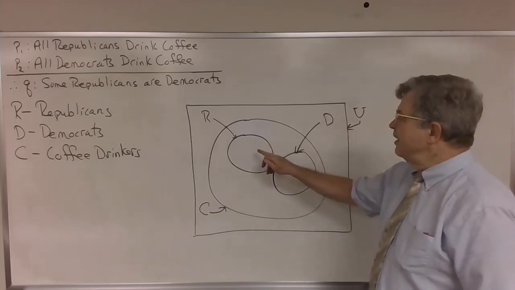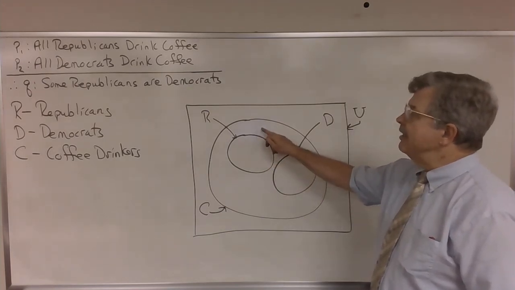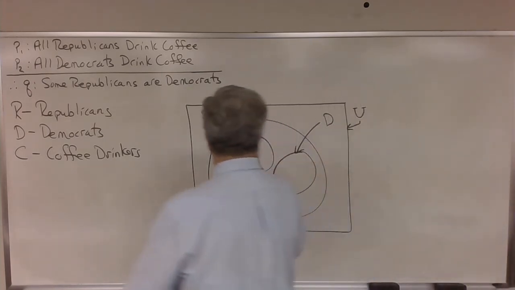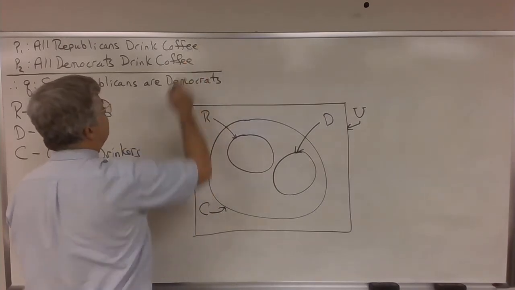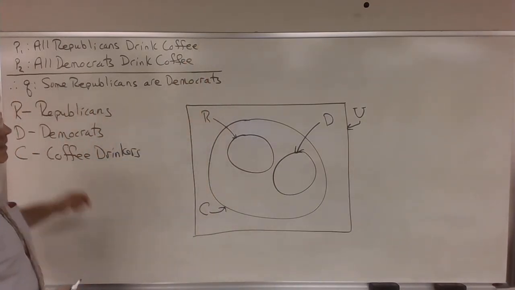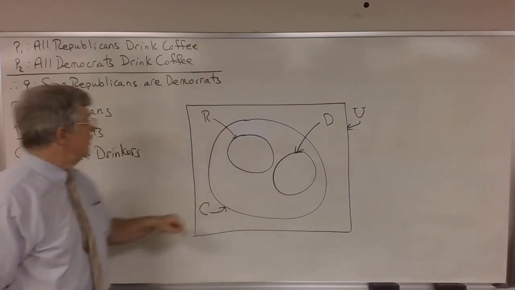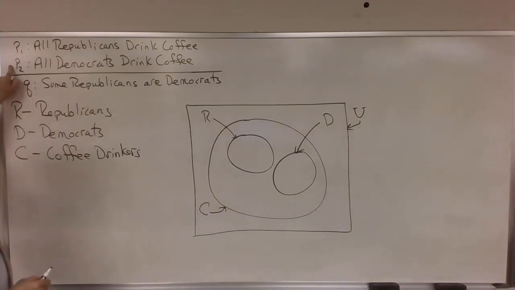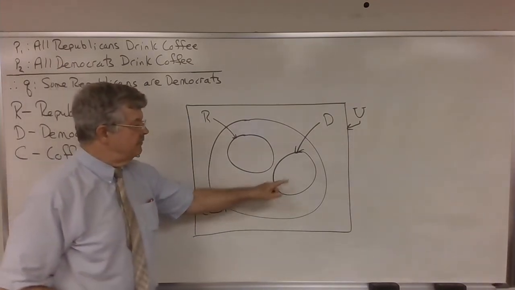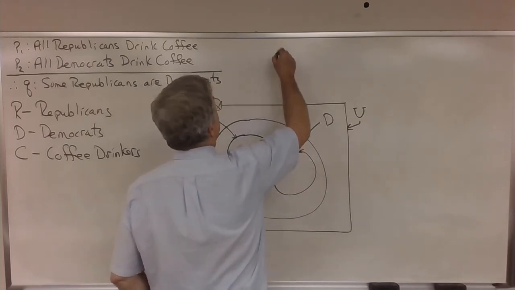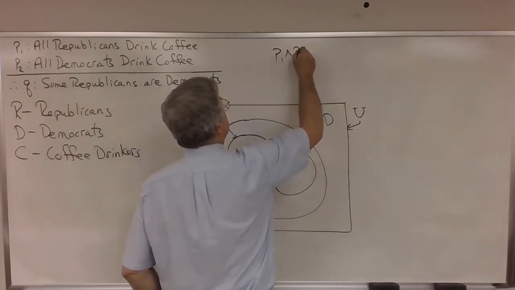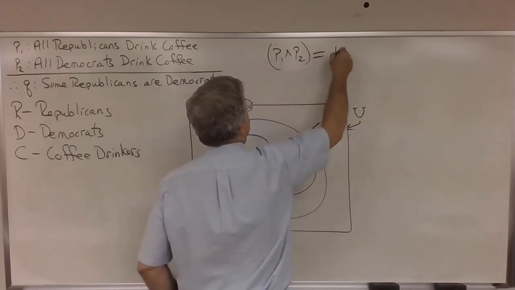Okay. The Republicans are inside the coffee circle. So all Republicans drink coffee. That's true. The Democrats are inside the coffee circle. So all Democrats drink coffee. That's true. So we have P1 and P2 true.